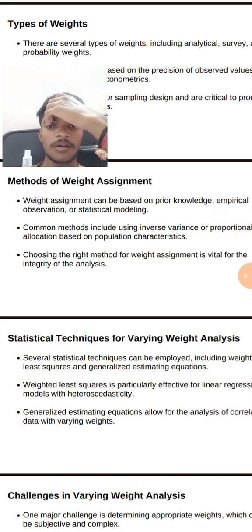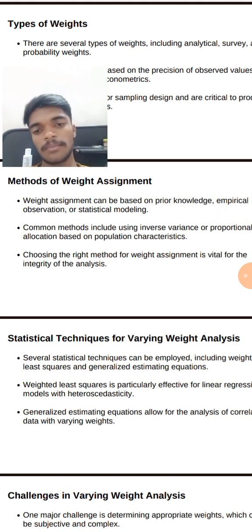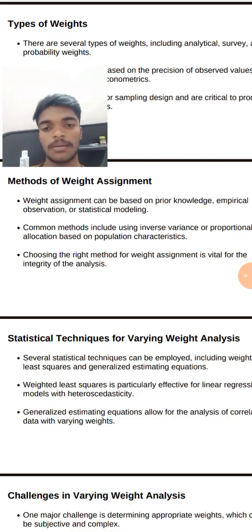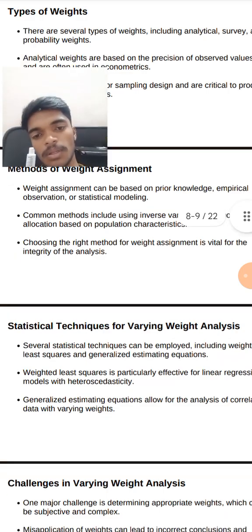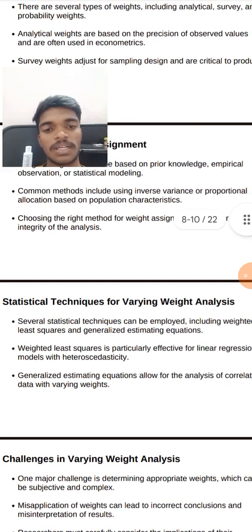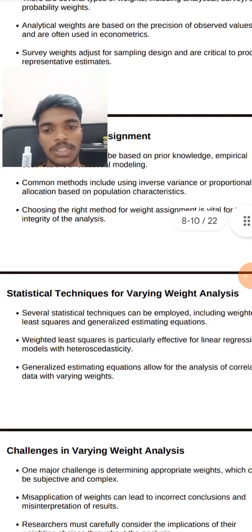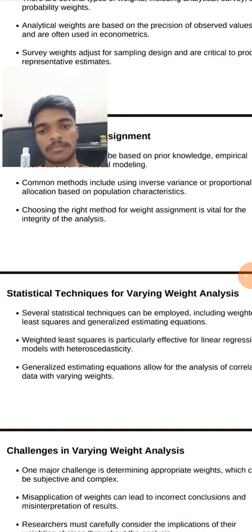Methods of weight assignment. Weight assignment can be based on prior knowledge, empirical observation, and statistical modeling. Common methods include using inverse variance or proportional allocation based on population characteristics.